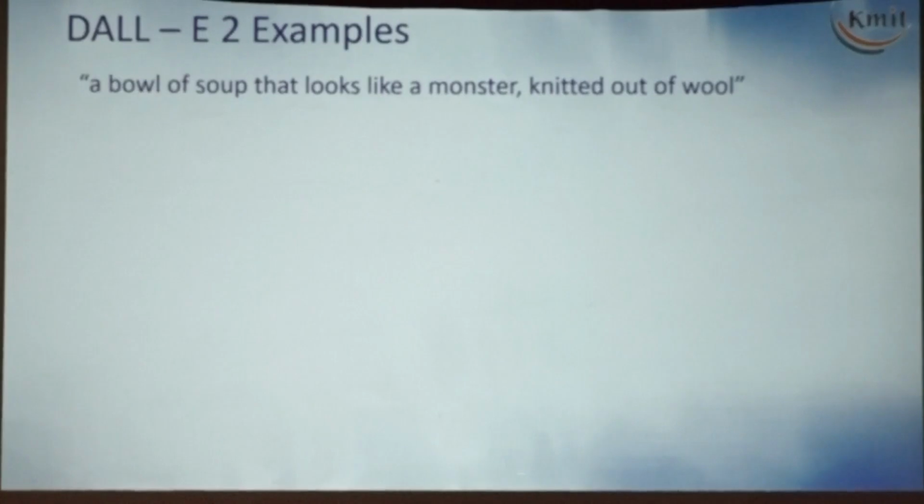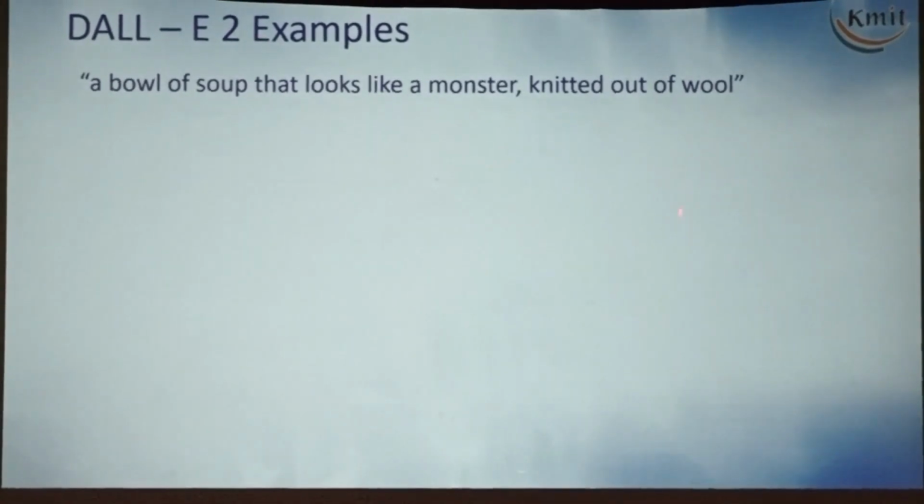See here, I am giving this as the input. You just read this. I think the last rows are also able to see the sentence, right? Are you able to see this? A bowl of soup that looks like a monster knitted out of wool.